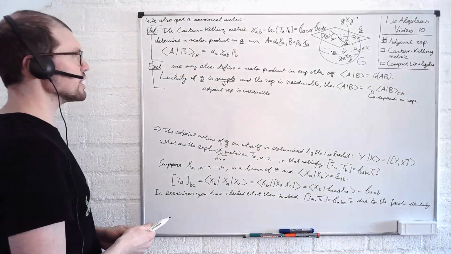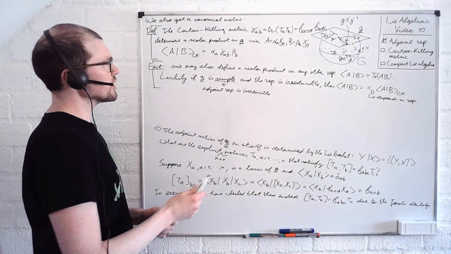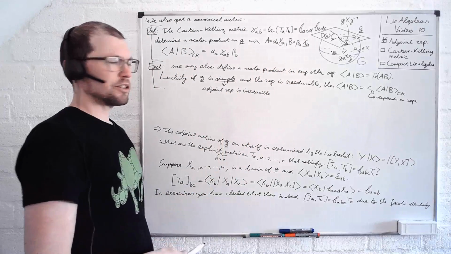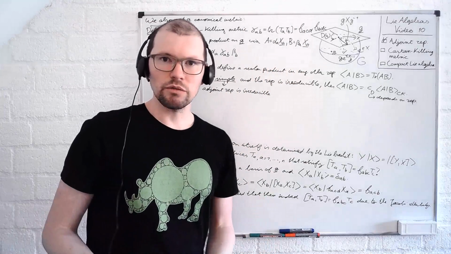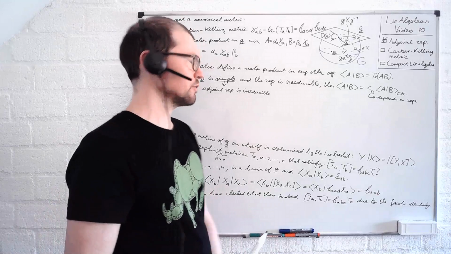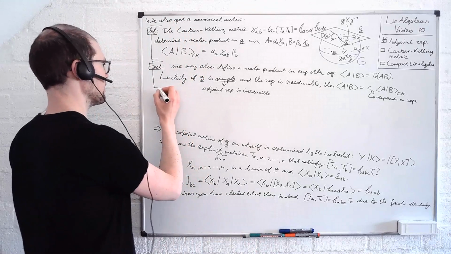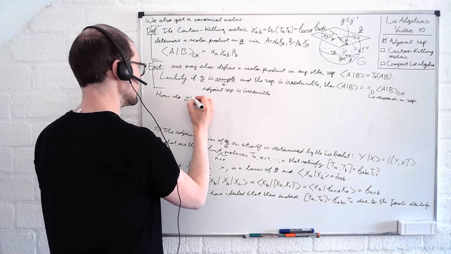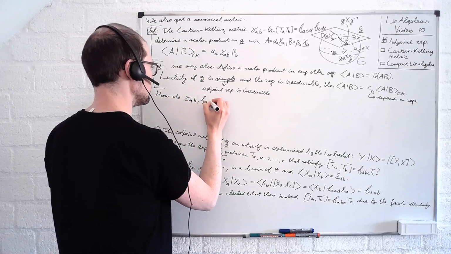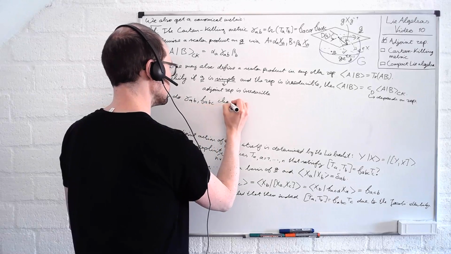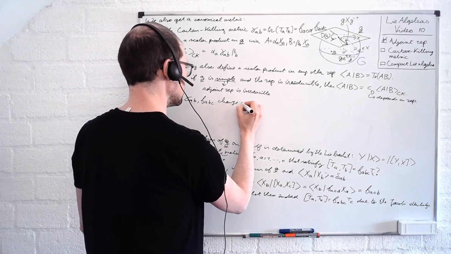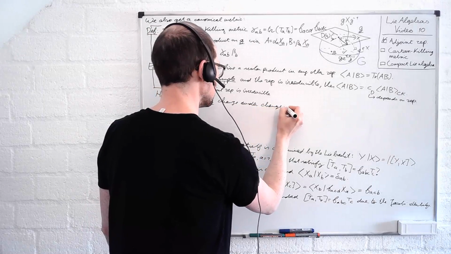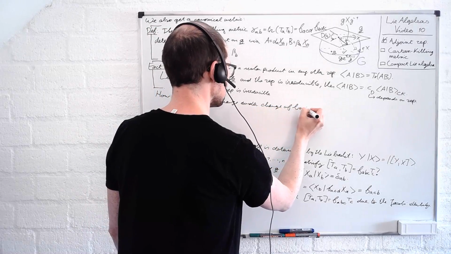And in order to understand this, what we should do is to understand how the structure constants and the Cartan-Killing metric actually change under a change of basis of the Lie algebra. Okay, so how do gamma_AB and f_ABC change under a change of basis?